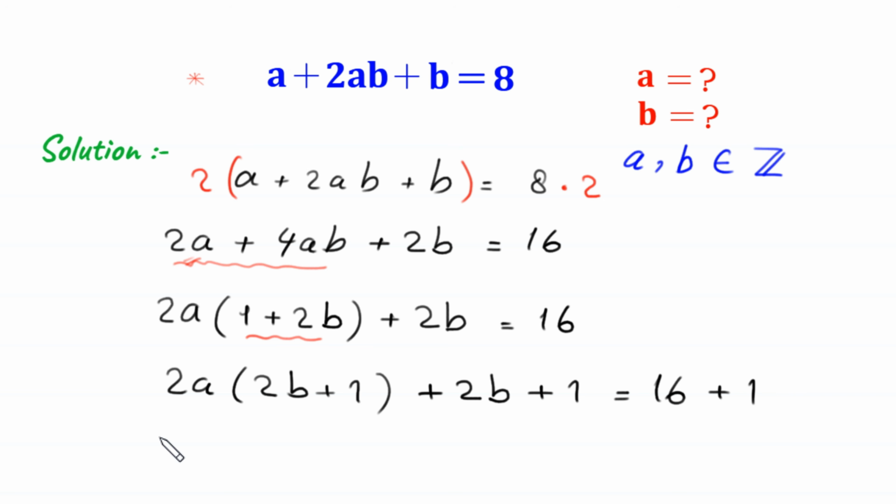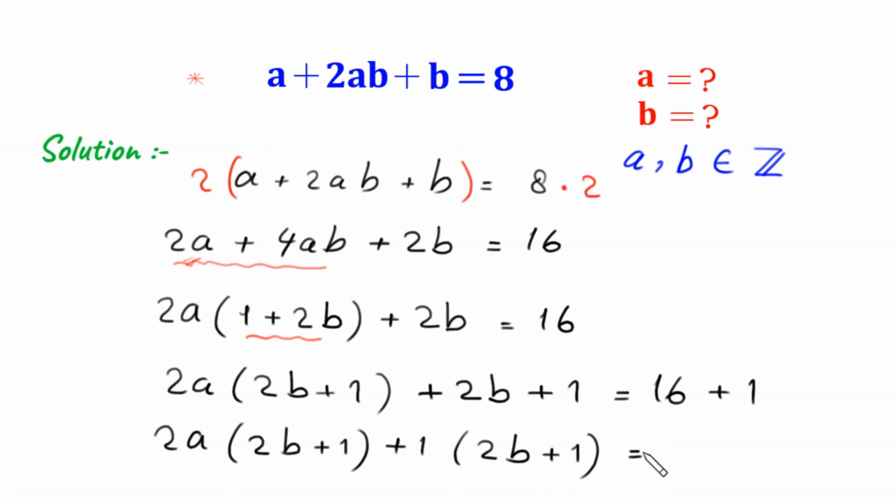So this will become 2a times 2b plus 1. From these two terms we can factor out plus 1, and in bracket left 2b plus 1 is equal to 16 plus 1, 17.